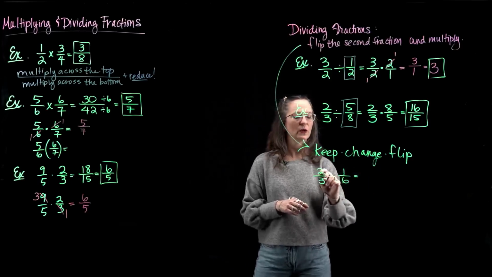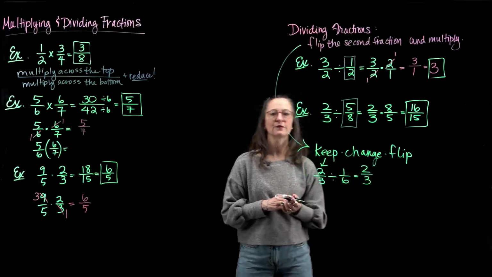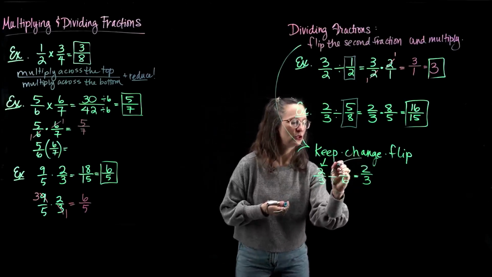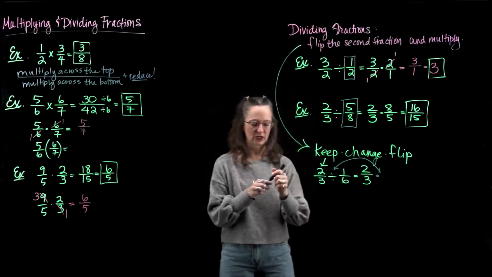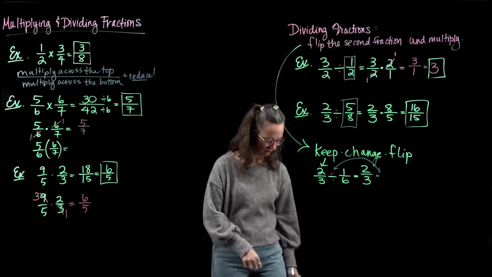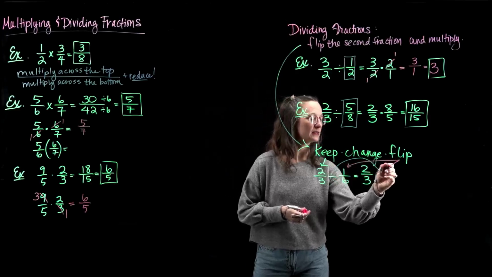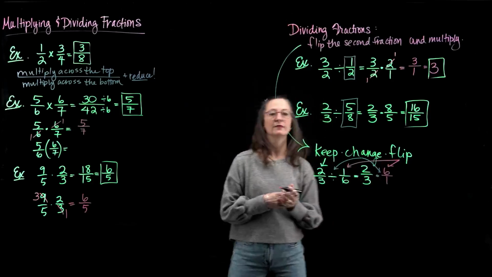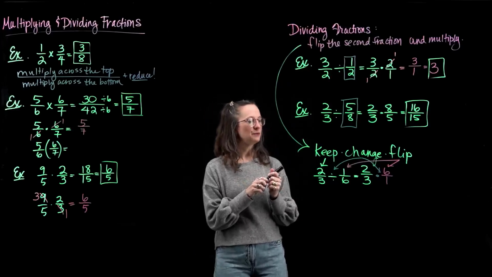That means that we are going to keep the 2/3. We're going to change that division to a multiplication. We're going to throw a marker on the floor. Then we're going to flip that 1/6 to be 6 over 1. Okay? So just another way to approach it.